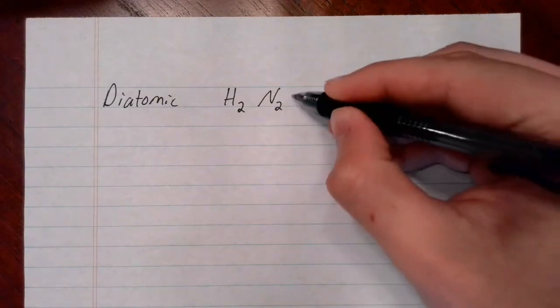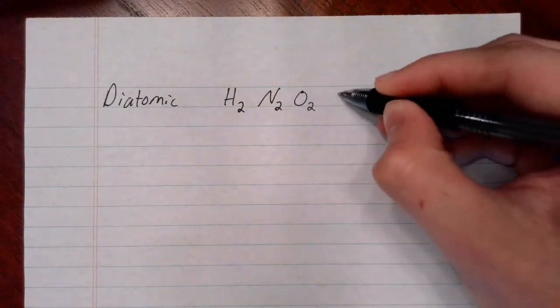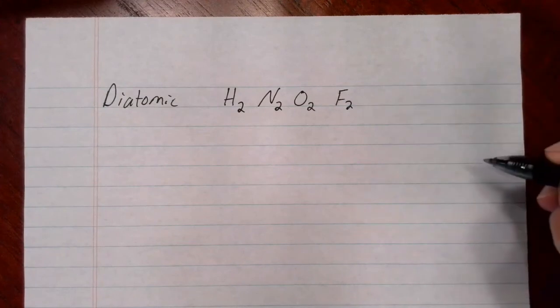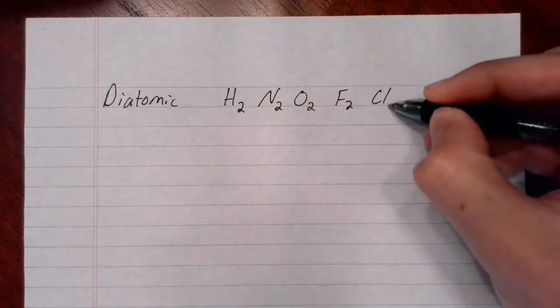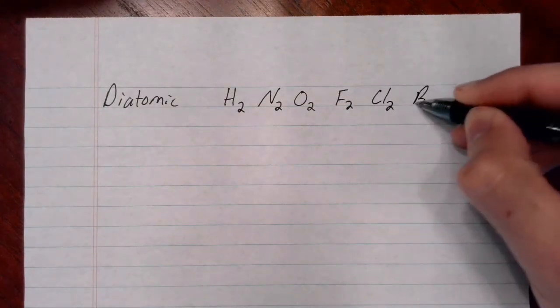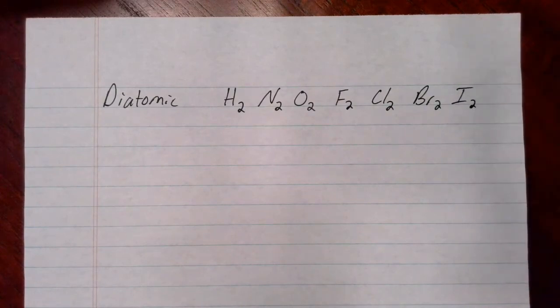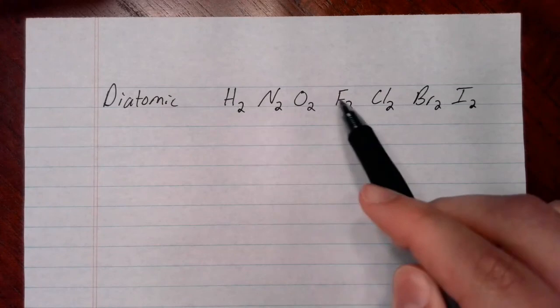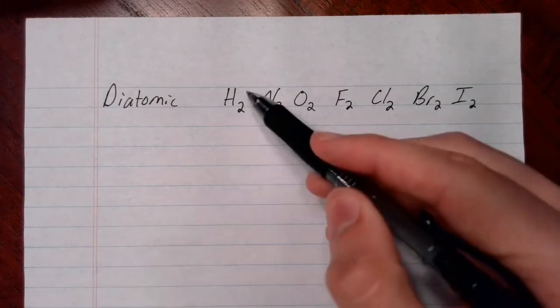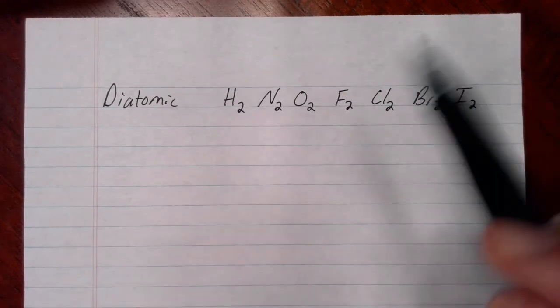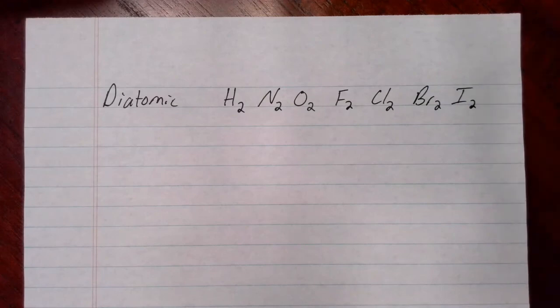Nitrogen, we see N2. Oxygen, we see O2. F, we see F2. Cl, we see Cl2. Br, we see Br2. I, we see I2. Remember there's 7 of them: 1, 2, 3, 4, 5, 6, 7. So I got them all. And the last 6 form the number 7 on the periodic table. That is a good way to remember that.